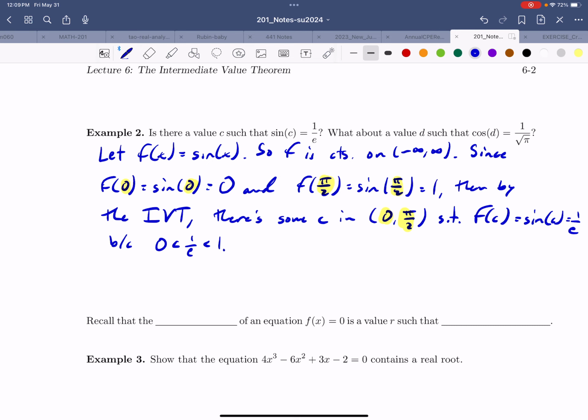I'll let you make an analogous argument for cosine: that there's some d such that cosine of d equals 1 over the square root of pi. It's completely analogous to what I just wrote.